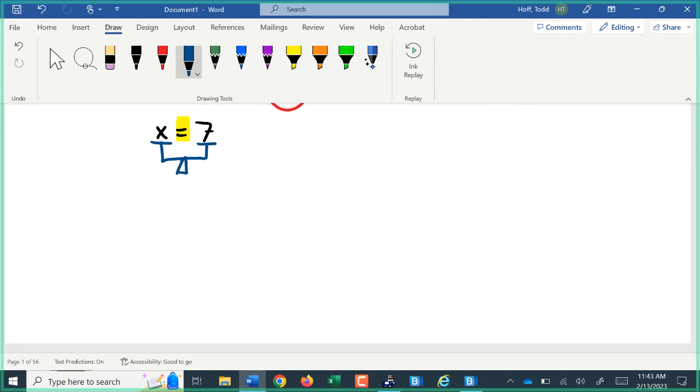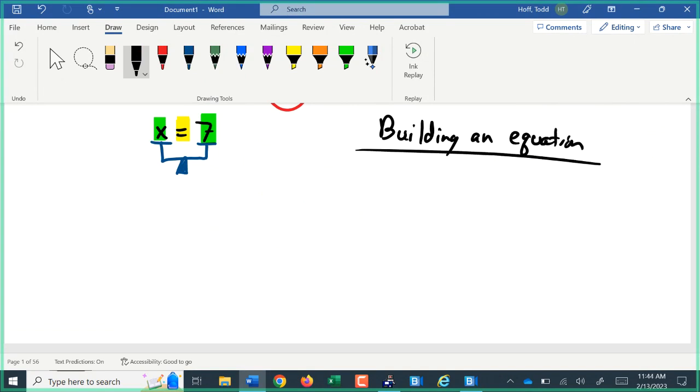Now, every equation starts out in this form as a variable equals a number, or the other way around, a number equals a variable. It's called defining the variable. And it's built from there. To build an equation, we can actually use any of our basic operations.